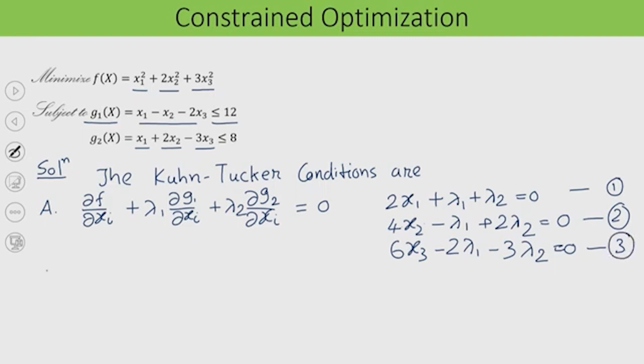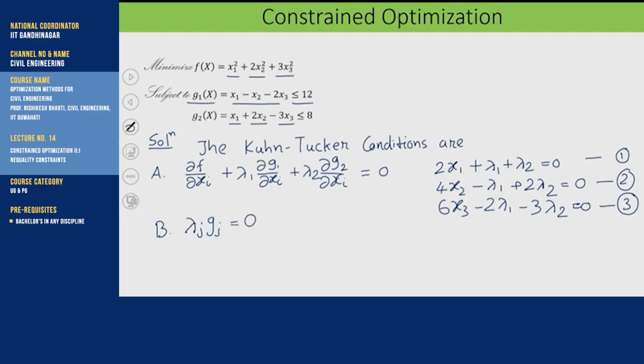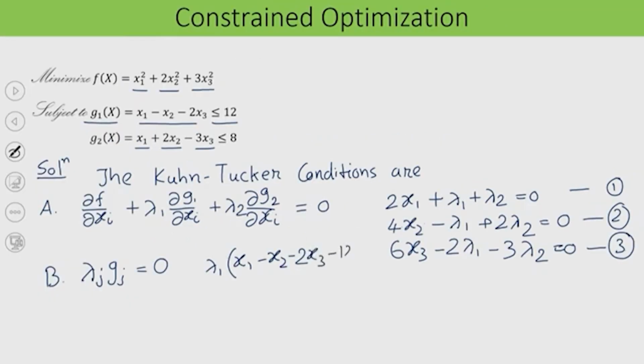Now, if I apply the second condition, that is lambda j z j is equal to 0, I will be getting lambda 1 times x 1 minus x 2 minus twice x 3 minus 12 equal to 0, and lambda 2 times x 1 plus twice x 2 minus thrice x 3 minus 8 equal to 0.